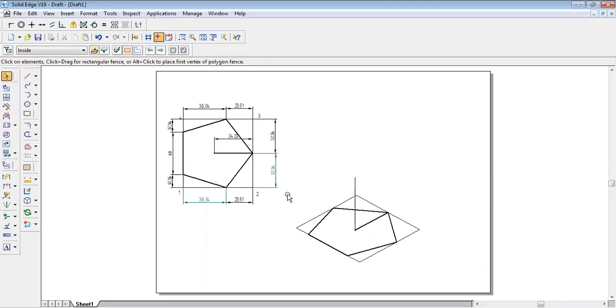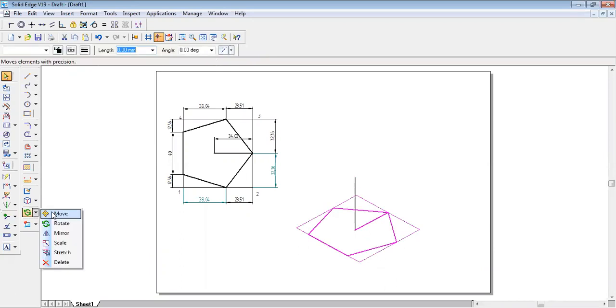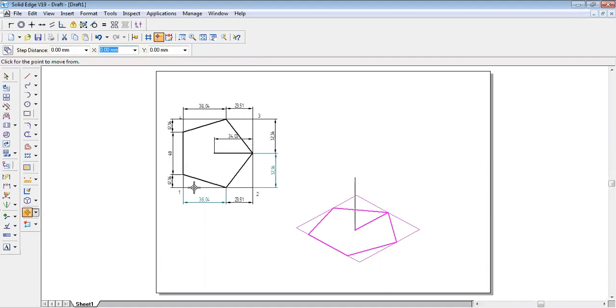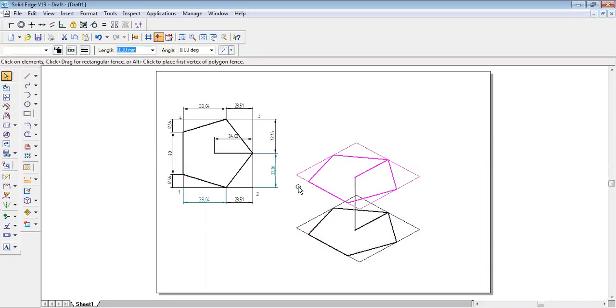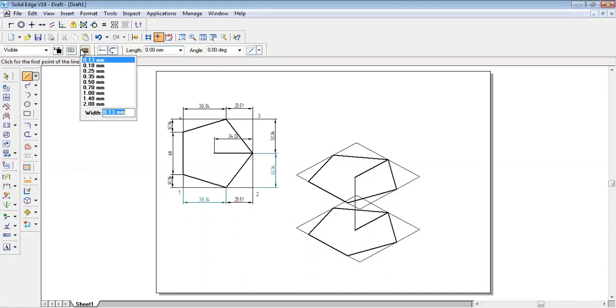We have to select the base pentagon and copy this pentagon with the exact center point. Okay, next you place the center point exactly on the center.